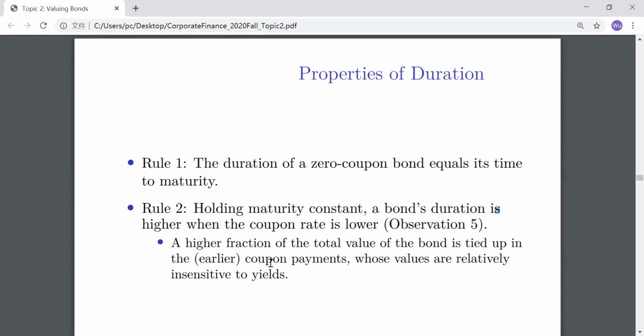And again, the idea is that a higher fraction of the total value of the bond is tied up in early coupon payments whose values are relatively insensitive to yield, because the later coupon payments are discounted more heavily. That's the idea.